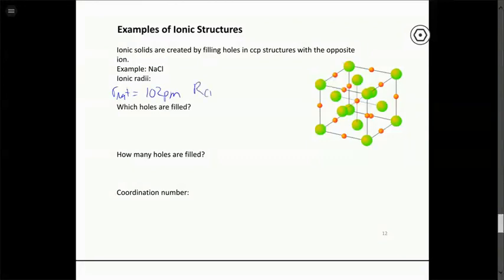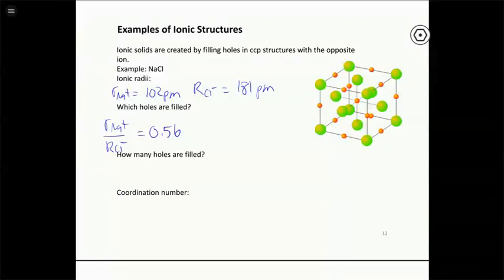And the radius of the larger ion, which is Cl minus, is 181. Alright, so we have ions of 2 different sizes, and to figure out which structure these are going to occupy, we have to take the ratio of the two. So the ratio of the smaller ion to the bigger ion is 0.56 when we divide those two. 102 divided by 181 is 0.56.